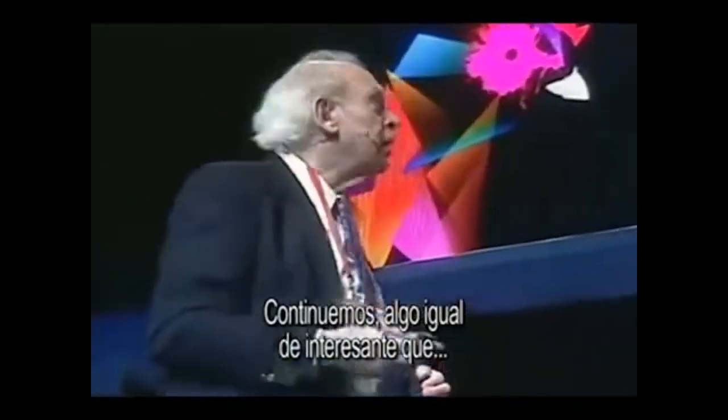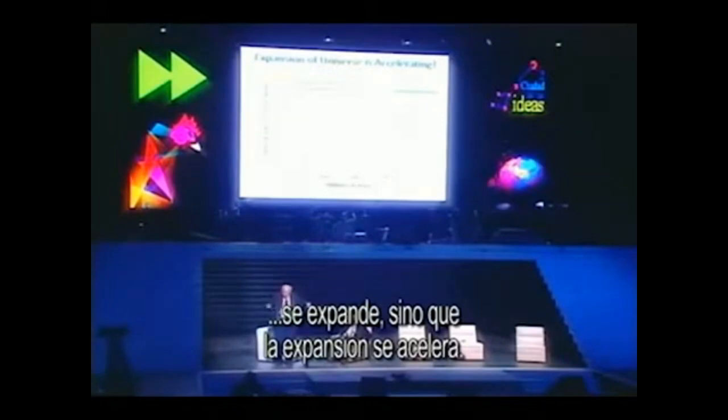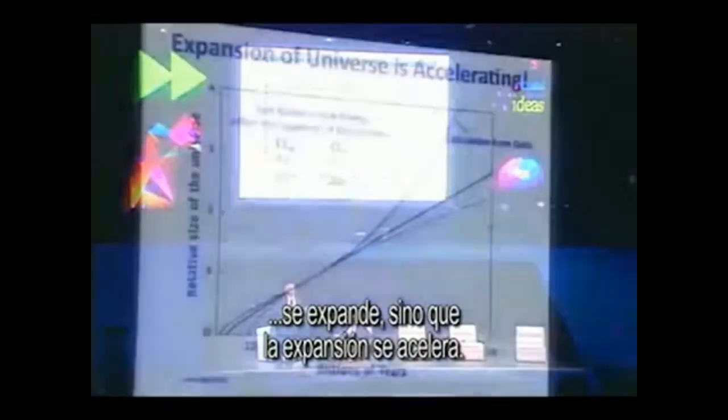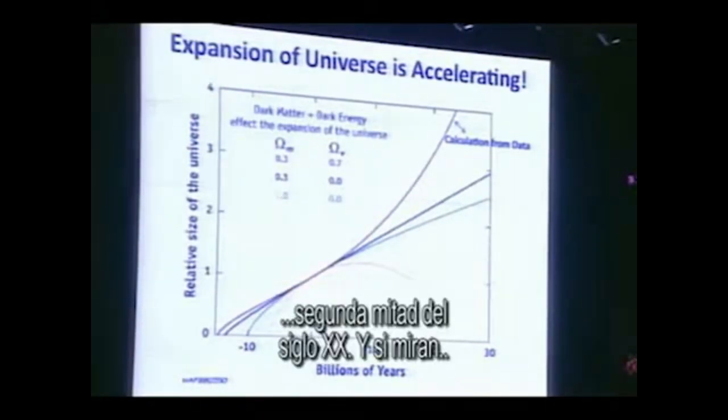So let's keep on going. And the other thing which is interesting, which we have found out, is that not only is the universe expanding, but this expansion is accelerating. And that was a great discovery. It was one of the great discoveries in the latter part of the 20th century.